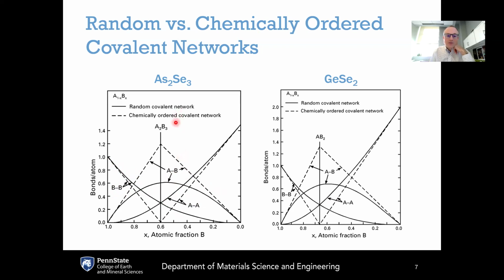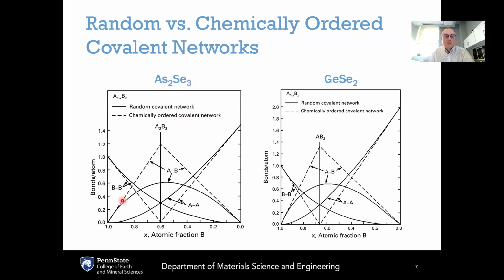On the other hand, if you had a purely chemically ordered covalent network, what this means is that there is an energetic preference for one type of bond versus another type of bond. For example, what if bonding between unlike species is preferred? That means that the arsenic would prefer to bond to selenium rather than bonding to itself, and the selenium would prefer to bond to arsenic rather than bonding to itself as well.